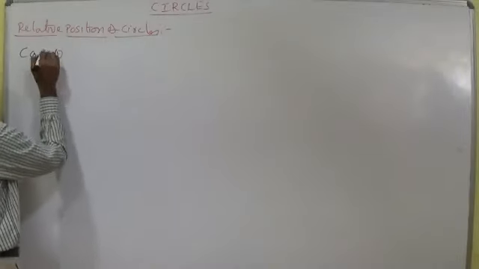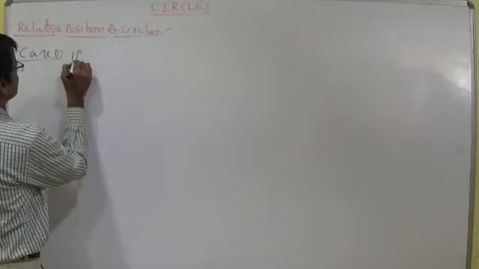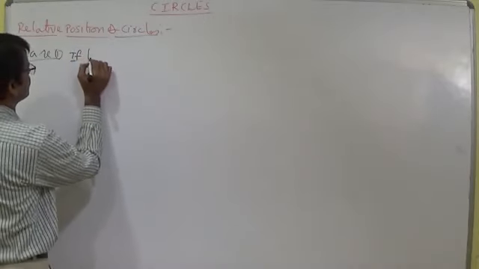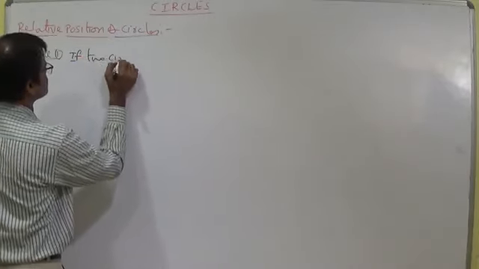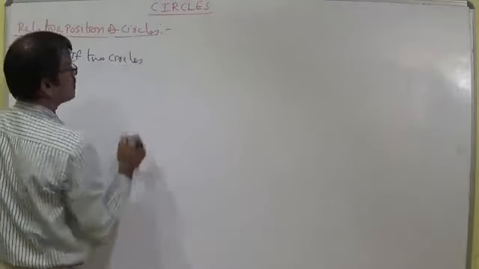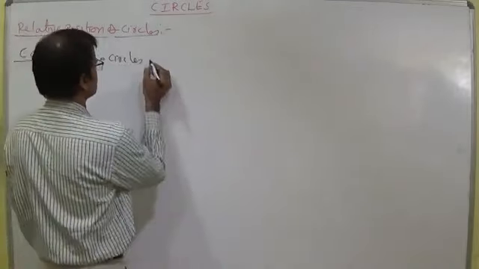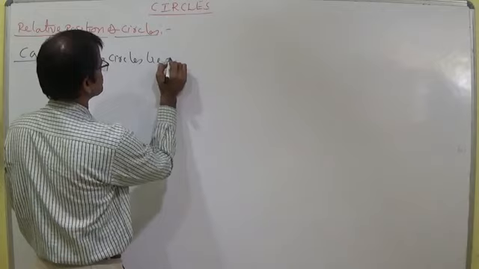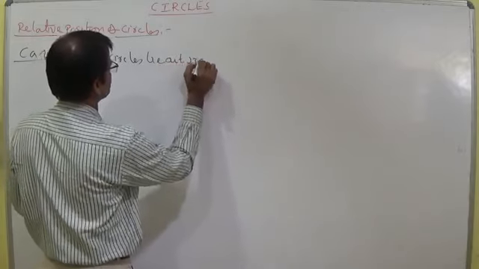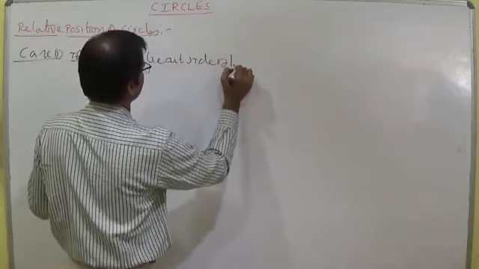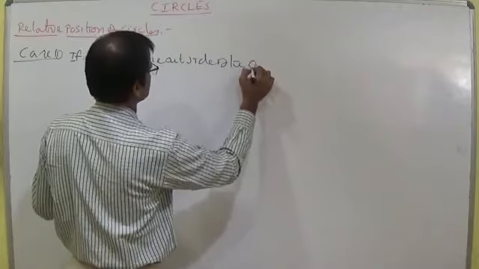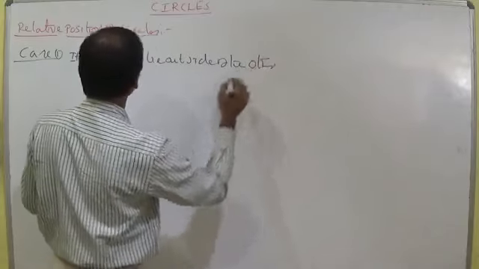Now I am writing case 1. Case 1: if two circles lie outside of the other, that is the condition.